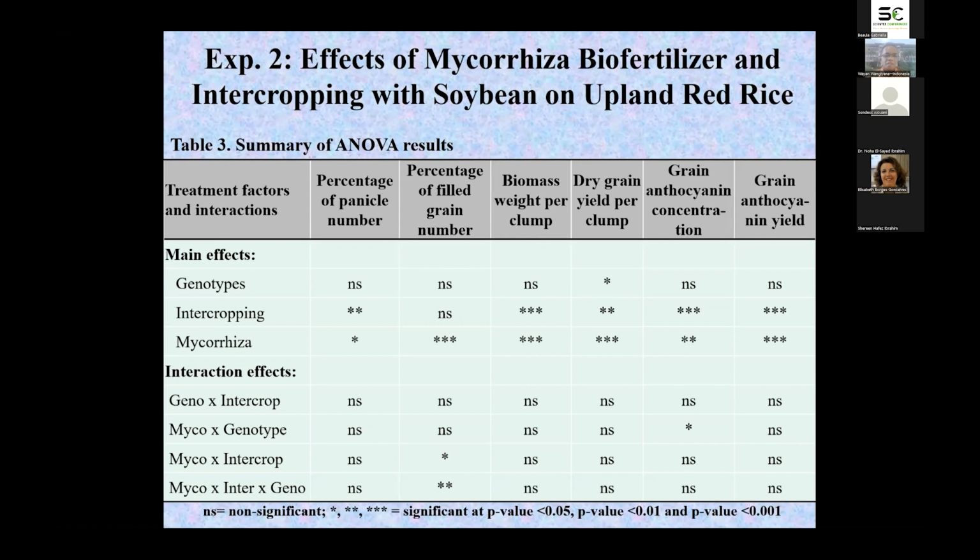So it means increasing photosynthesis. Unfortunately, I didn't measure the photosynthetic rate. But from the correlation analysis, we can see that there is a positive correlation.